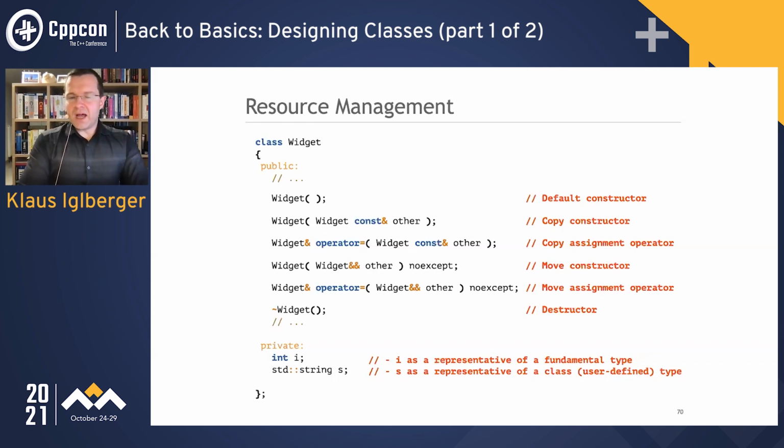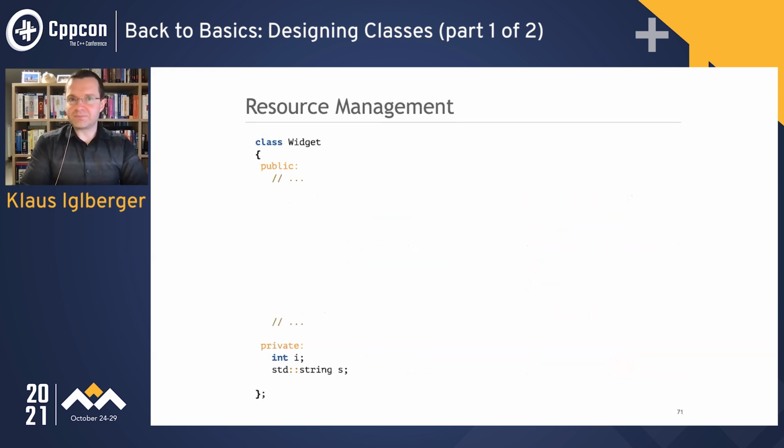If this is all I have inside the class, if these are my two data members, then you may know that you don't need these special member functions. You can get rid of them. This class can work perfectly without these manual implementations.